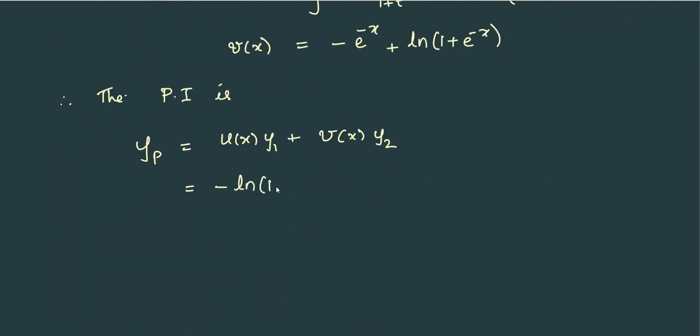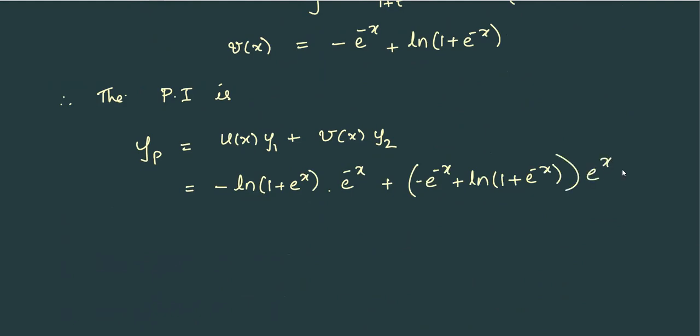Minus log of 1 plus e power x times e power minus x. v of x is minus of e power minus x plus log of 1 plus e power minus x, times y2, which is e power x. So multiply, the first term we can write just like this. The second term is minus 1 plus e power x.